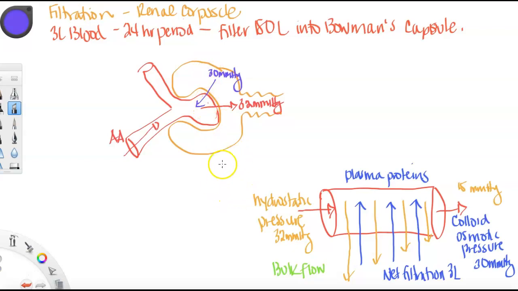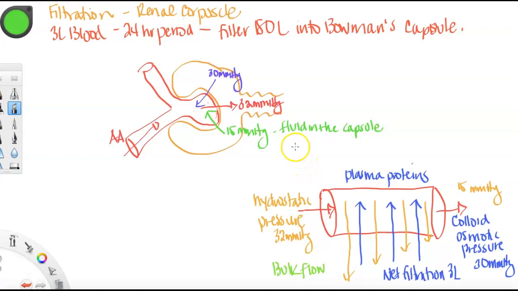All right, is there any other pressure there? Well, there actually is. There is a pressure coming from the capsule because there's fluid in the capsule, and it creates a pressure on the walls of the capsule. That's about 15 millimeters of mercury.